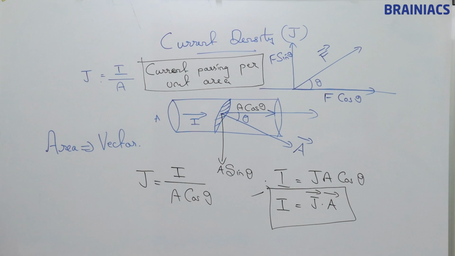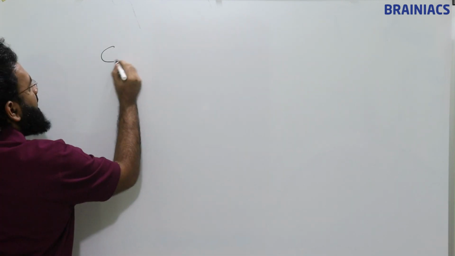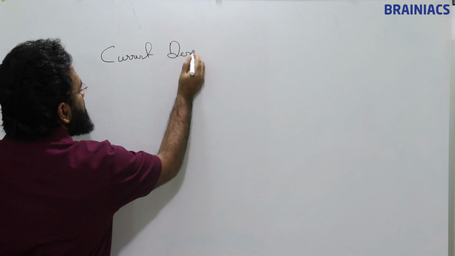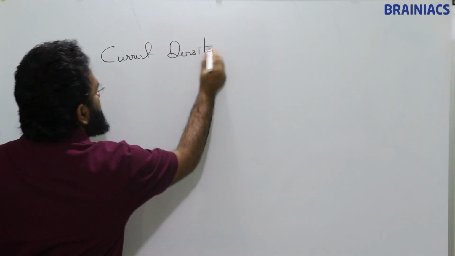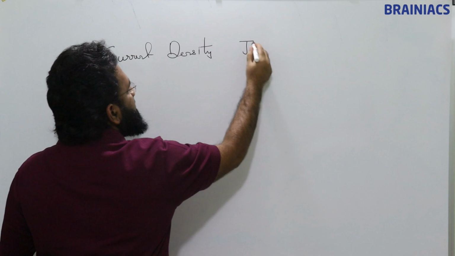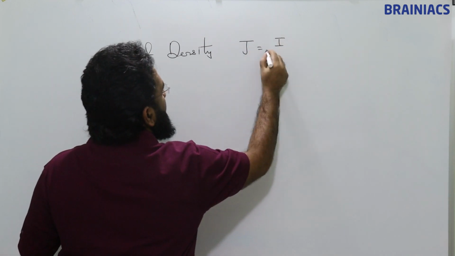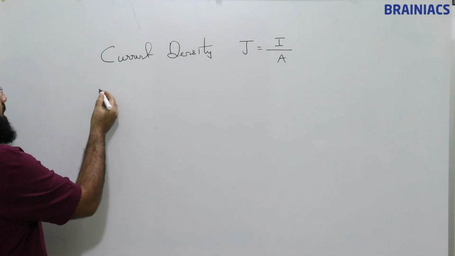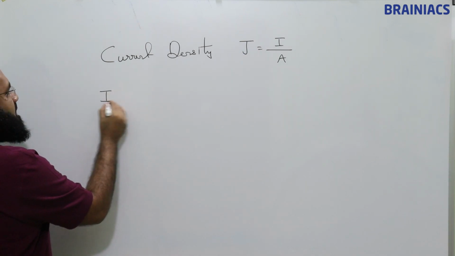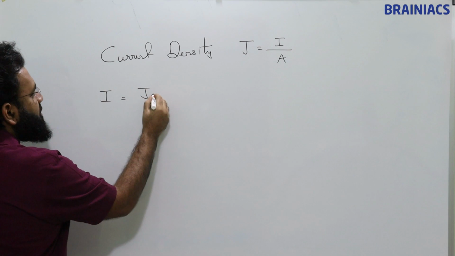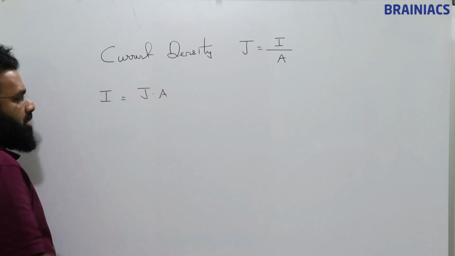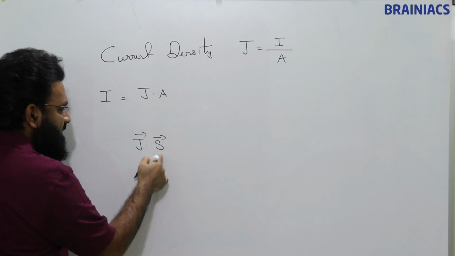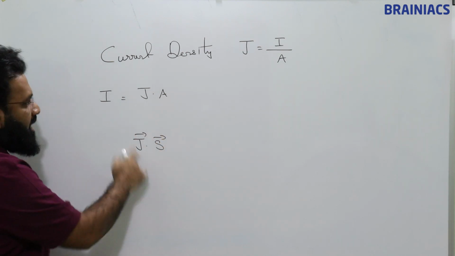Pause the screen and note it down. So current density J is equal to I by A, and I is equal to J dot A. In some books it is J dot S. This S is nothing but the cross sectional area.